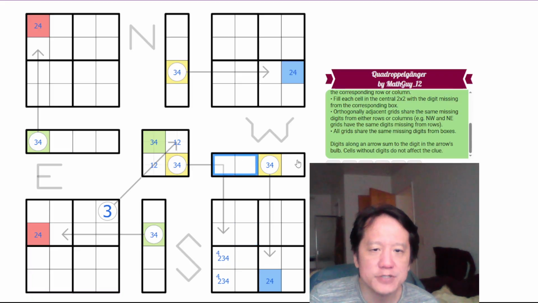Yellow cannot be missing from any of these cells. Obviously, it cannot be here. So yellow has to be one of these two digits here.